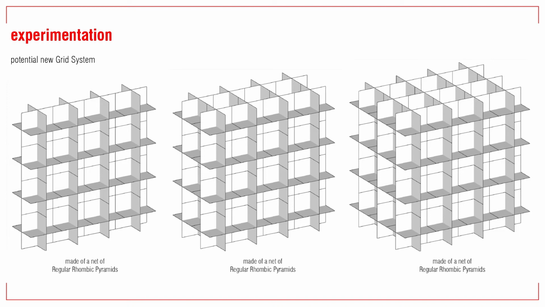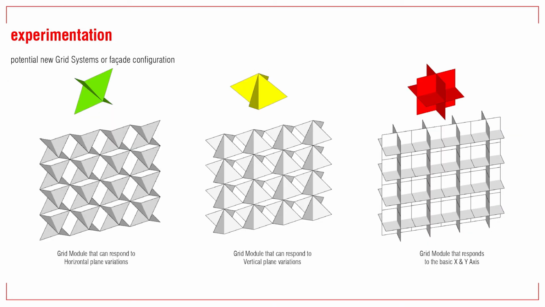We can see that in this experiment, the red module is tessellated to create a new 3D grid system, which would be used for the space planning of the building programs for this project. What if we take those 3 modules, green, yellow and red, to create a new facade configuration?